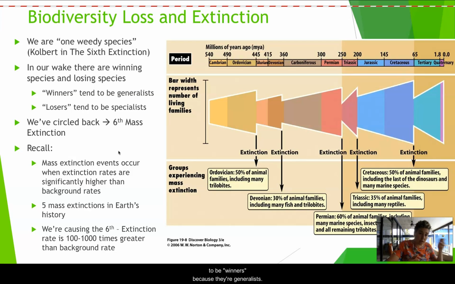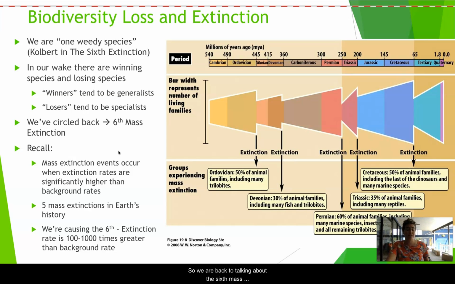The losers in the wake of our actions tend to be specialists, or species that require very specialized conditions in order to survive. Often large mammals who have very long lifespans and slow reproductive rates are not well suited to adapt to changes in ecosystems that we cause.